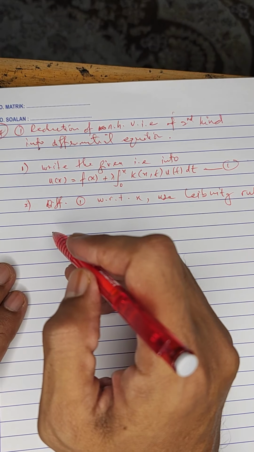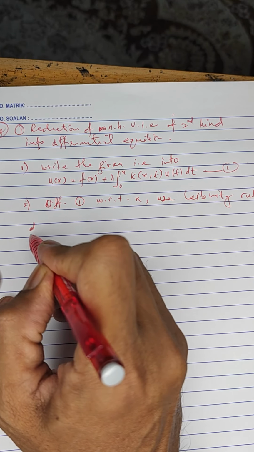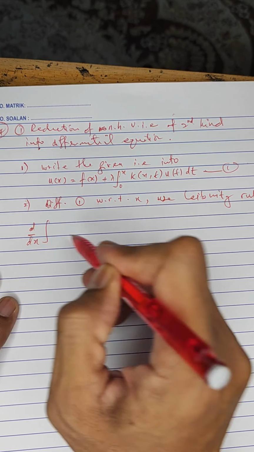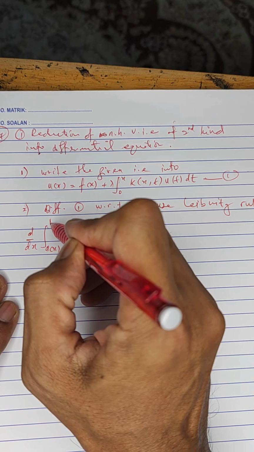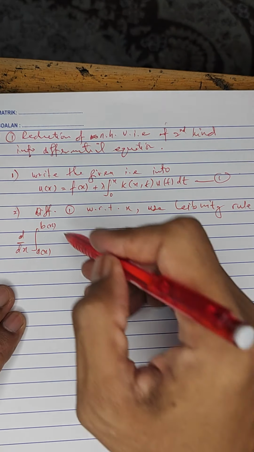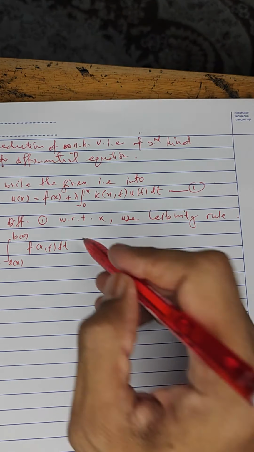The Leibniz rule is given as follows: we differentiate under the integral sign from some limit a(x) to b(x) of a function f(x,t) dt.